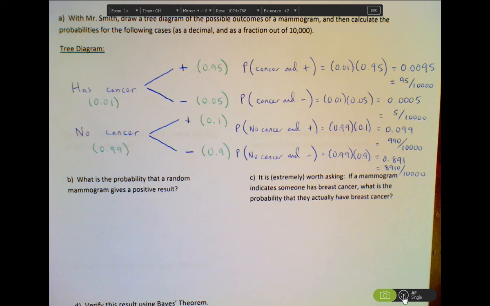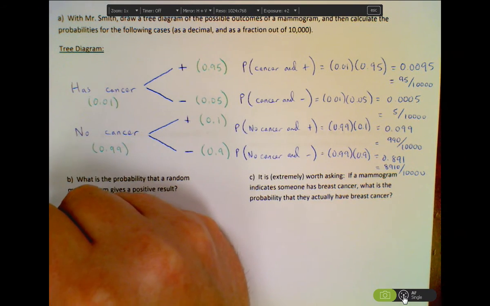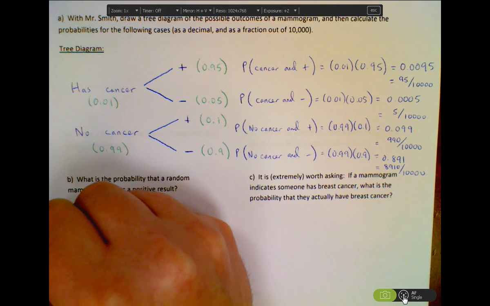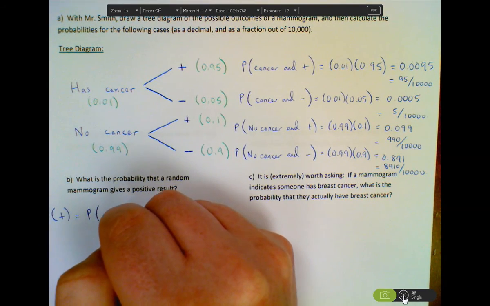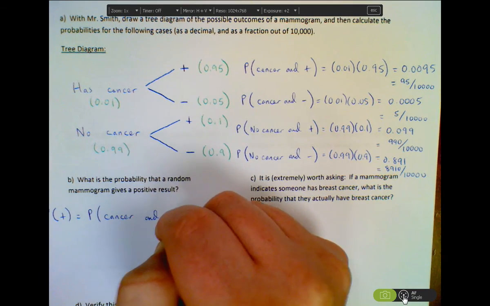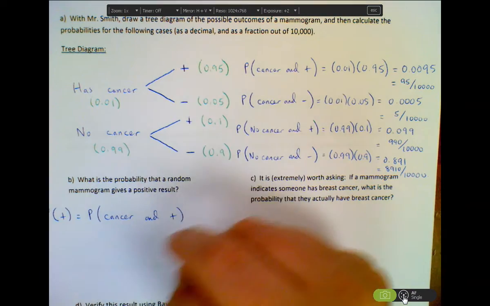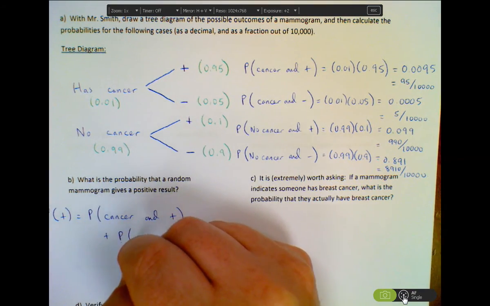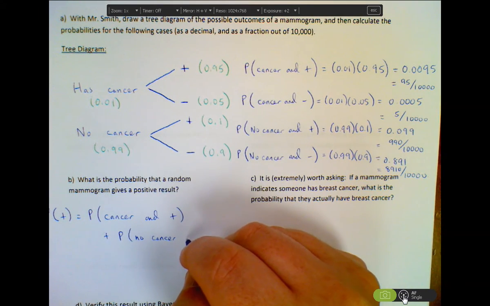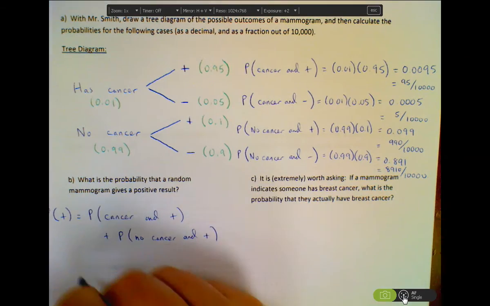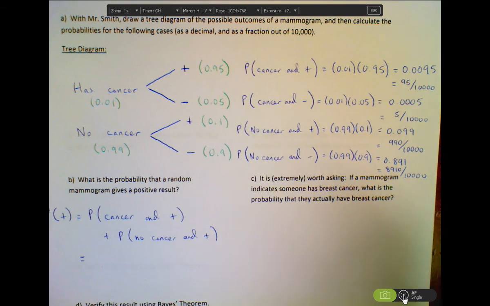Well, there's two cases here, right? The probability of getting a positive result is the probability that the person has cancer and tests positive, plus the probability that they don't have cancer and test positive.